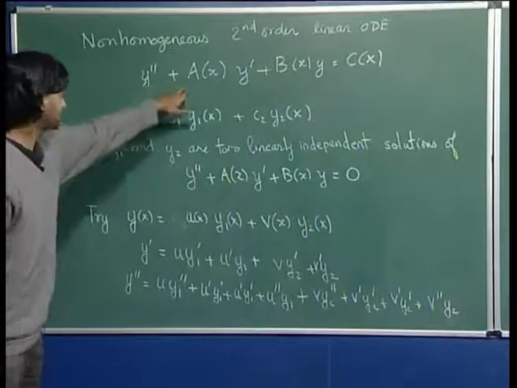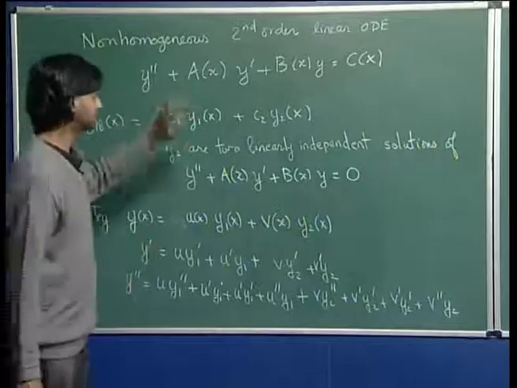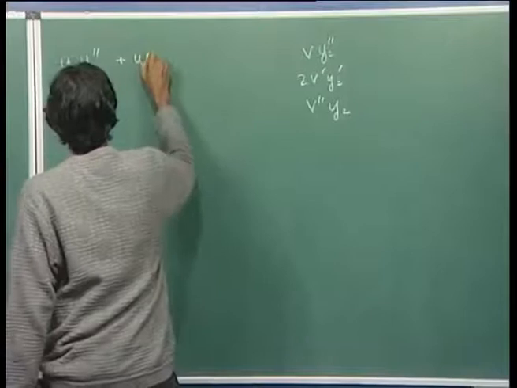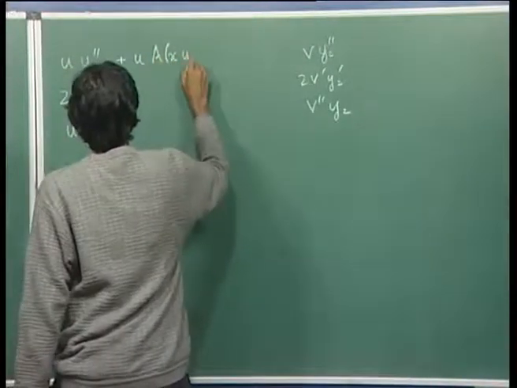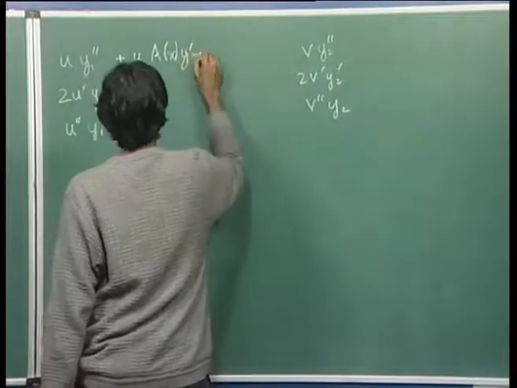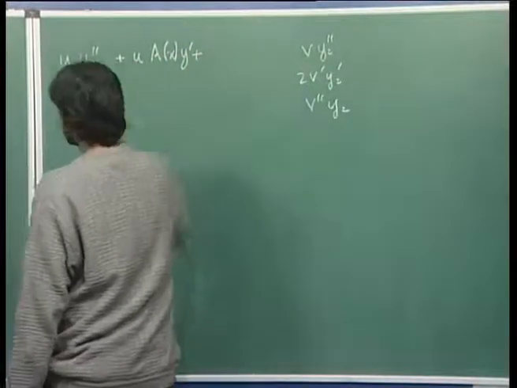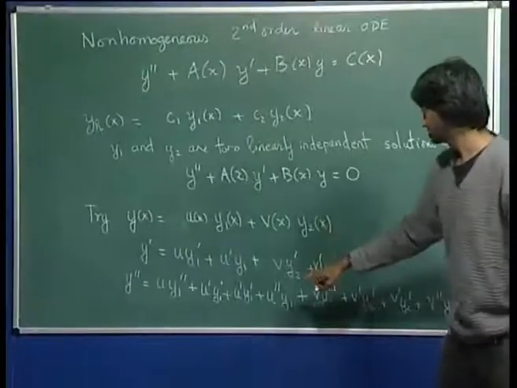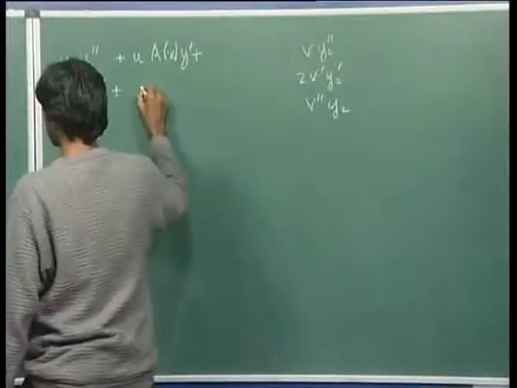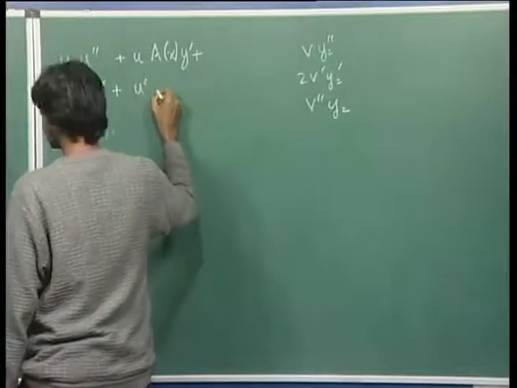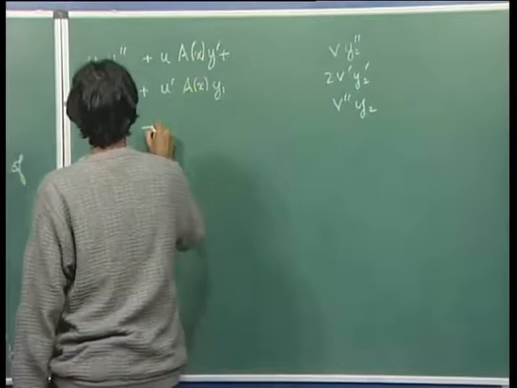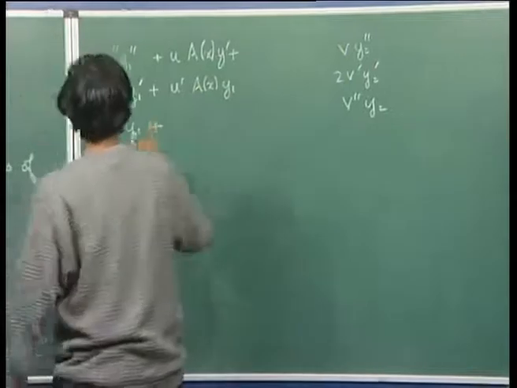Then I have a of x times y prime. Now again I collect the terms having u. So I will write plus u a of x y 1 prime, and then the term involving u prime in this case will be u prime a of x y 1, and I do not have any terms involving u double prime.